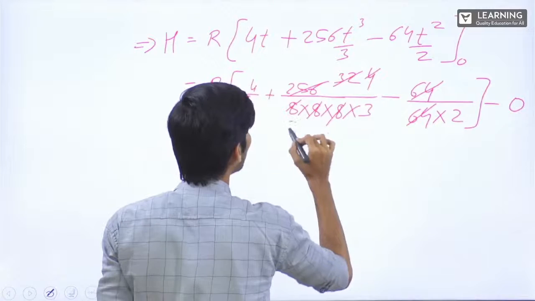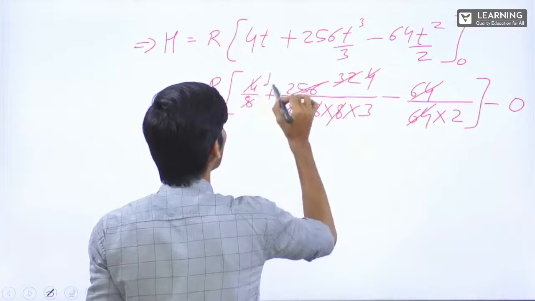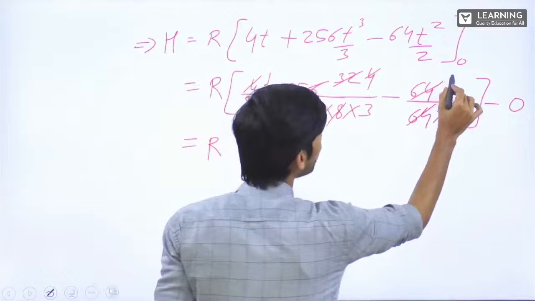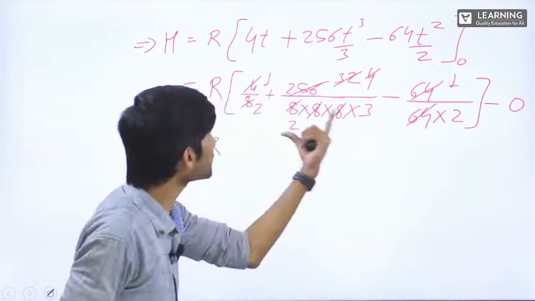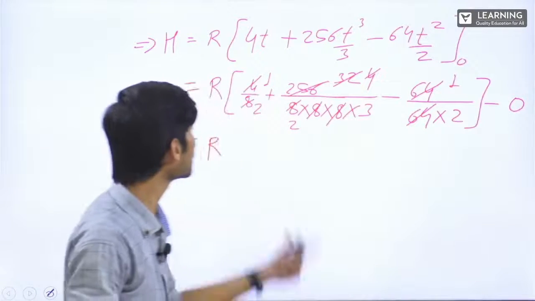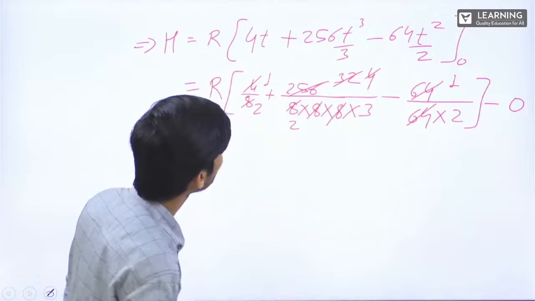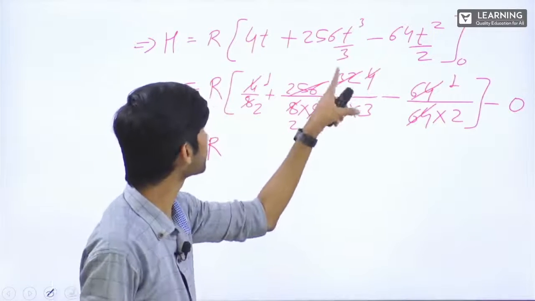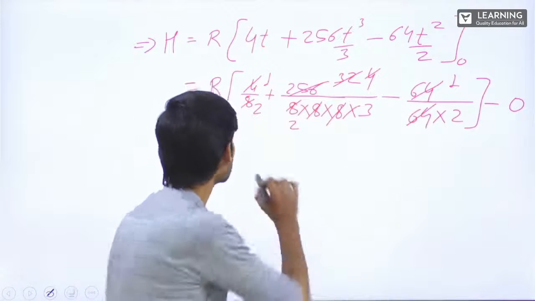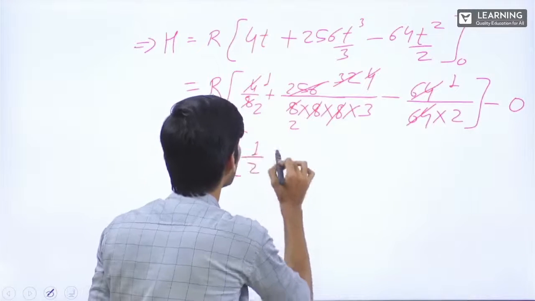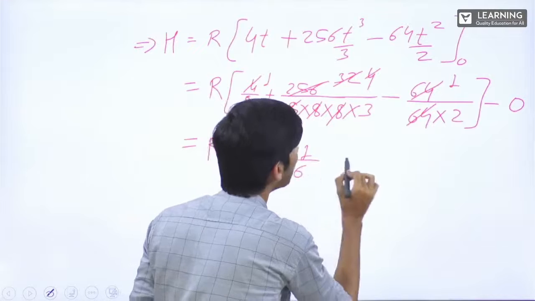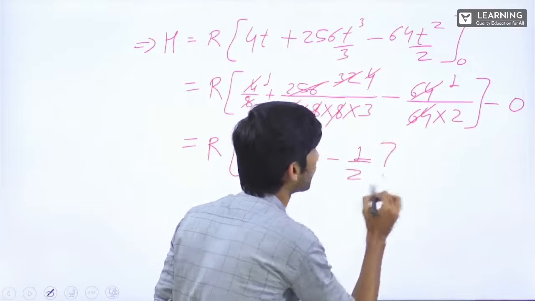Here half will come. Here also half will come, right? Here also minus half is there, correct? So this half and this minus half will be cancelled. We will be left with this half and this 1 by 6, so this is basically half plus 1 by 6 minus 1 by 2, correct?